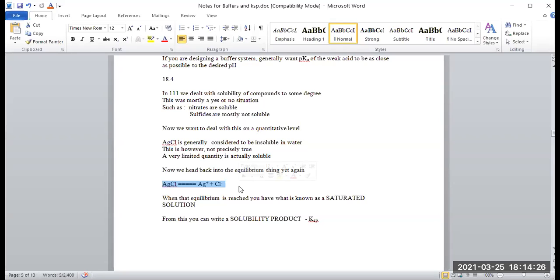It's a 2-liter flask, okay? If I had some powdered silver chloride, I could probably get 0.5 gram or so of that to dissolve in a full 2 liters of water, maybe even a little bit less. So it does dissolve just a little bit, but not very much.